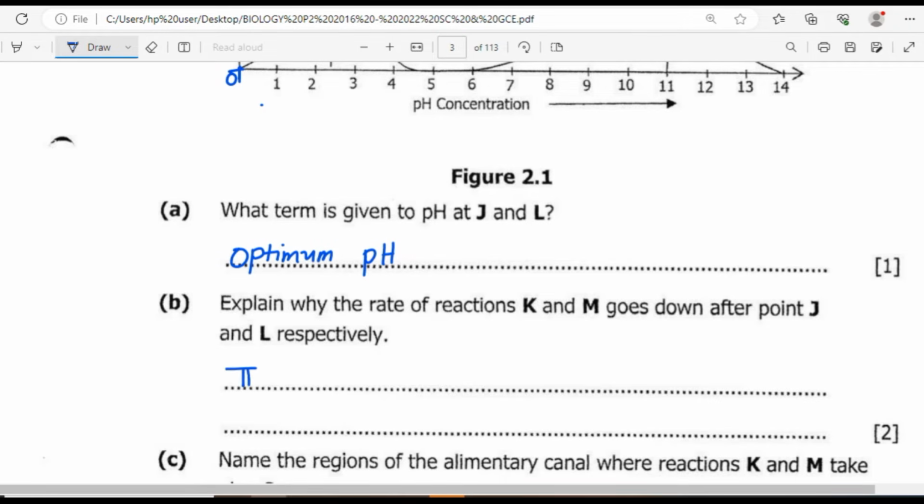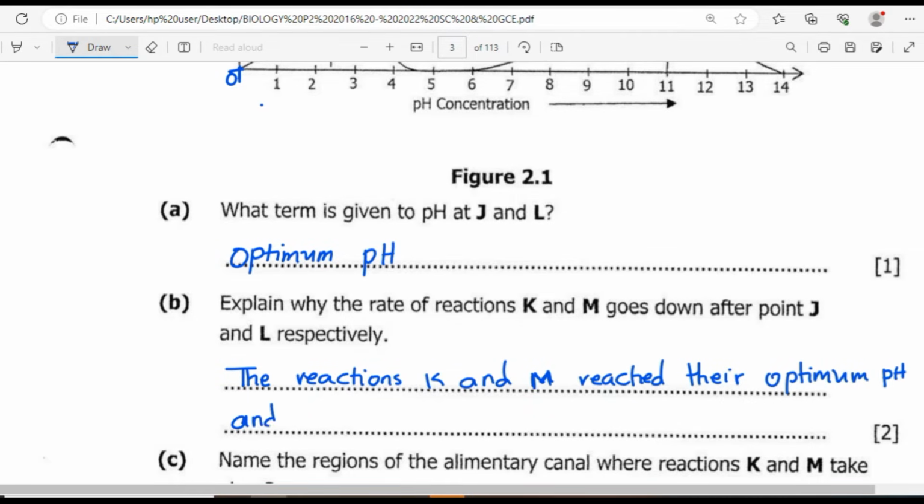So the reactions K and M reached their optimum pH, and beyond that the enzymes were denatured.